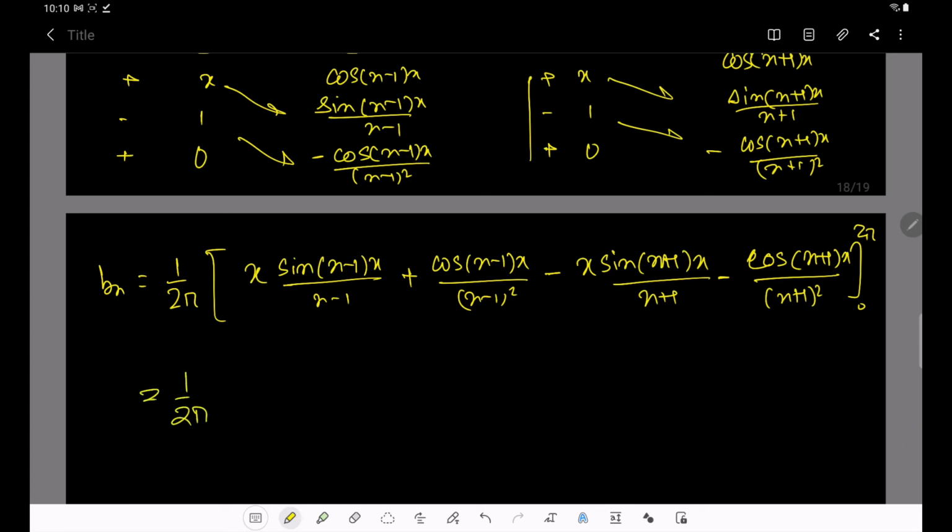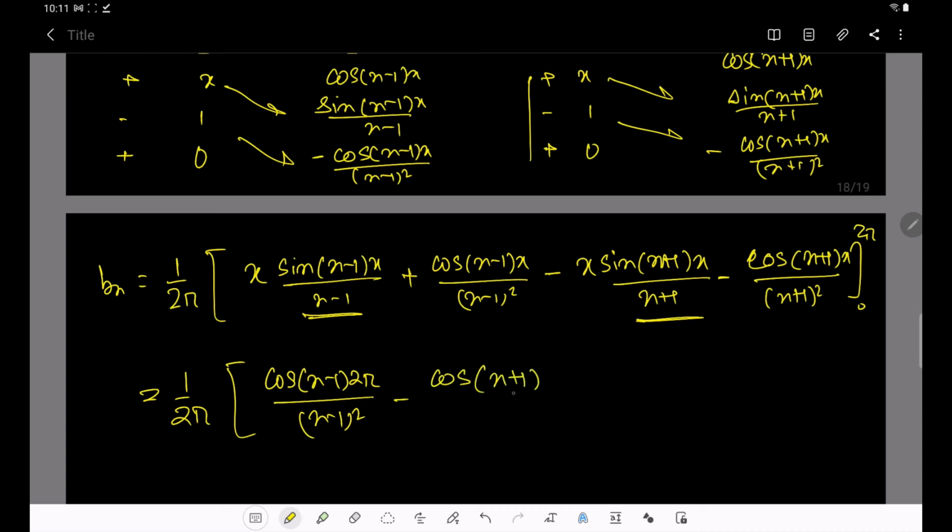So we can see that these values will be 0 when we are using x equal to 2 pi, because sin 2 pi is 0. So we are getting cos n minus 1 2 pi by n minus 1 whole square, and minus cos of n plus 1 2 pi by n plus 1 whole square, minus of cos of 0 by n minus 1 whole square, plus of cos of 0 by n plus 1 whole square.